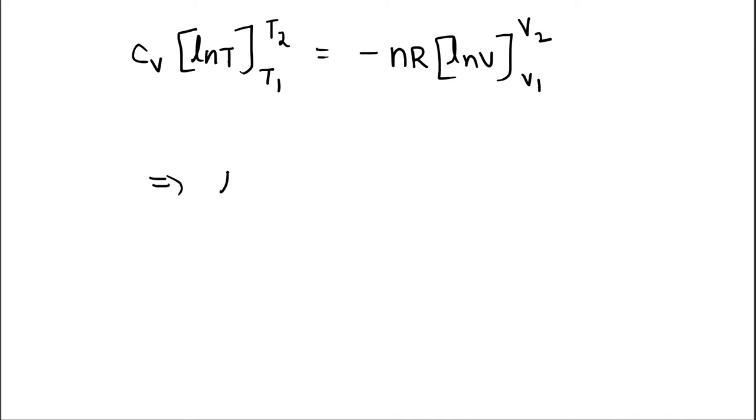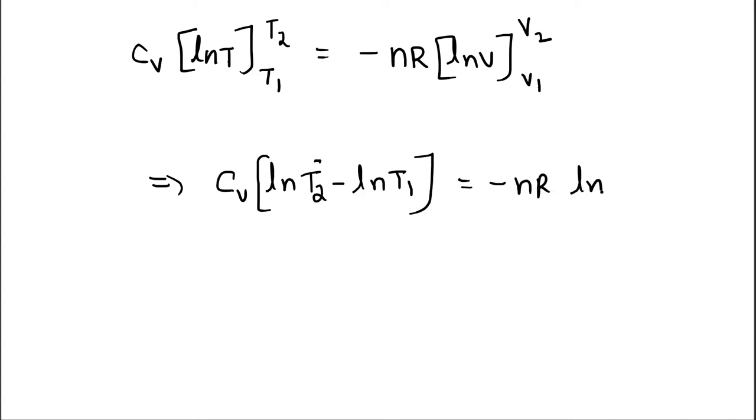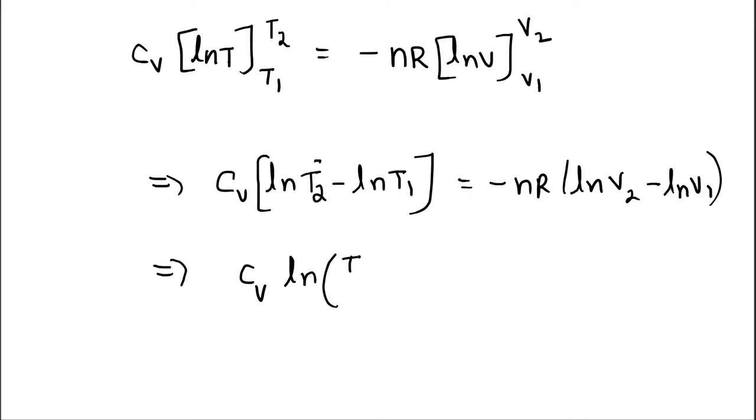That gives us CV times ln T2 minus ln T1 is equal to negative nR times ln V2 minus ln V1. Further we can simplify this as CV ln T2 over T1 is equal to negative nR ln V2 over V1.